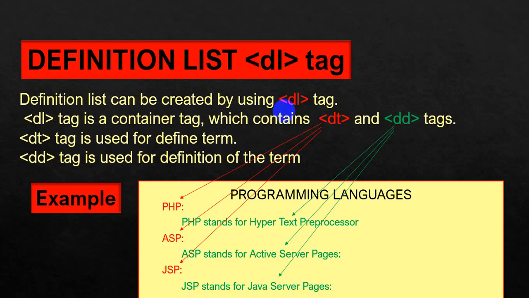In the same way, DT and DD are sub tags of the DL tag, and DL is a container tag. So I will start my notepad, then create a simple HTML page in which I will use the DL tag to generate this type of output.